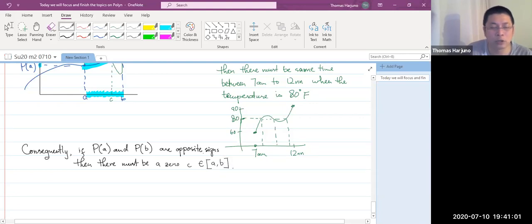Okay, to be more precise, it's supposed to be parentheses instead of brackets, but I still can use brackets.